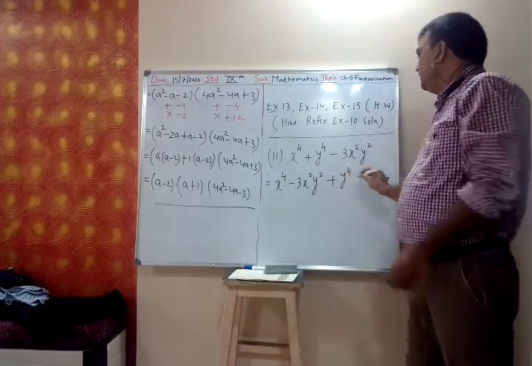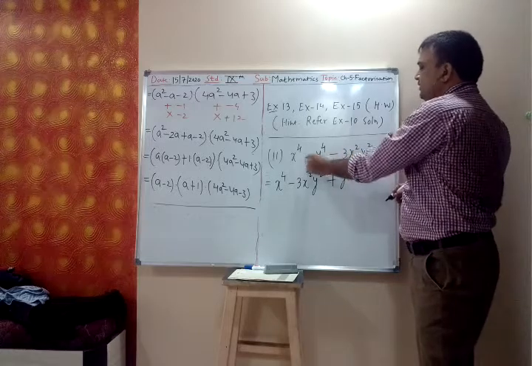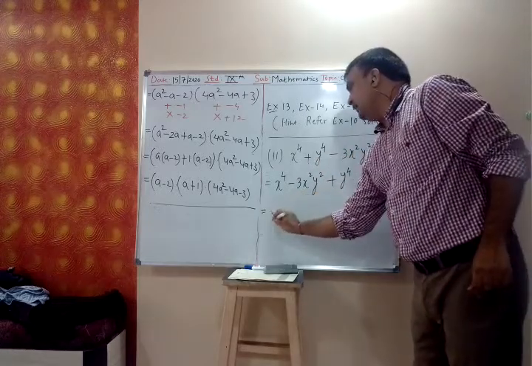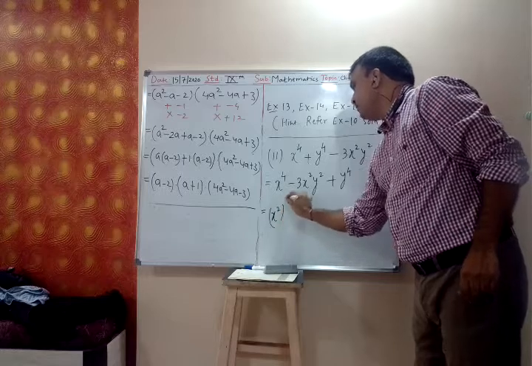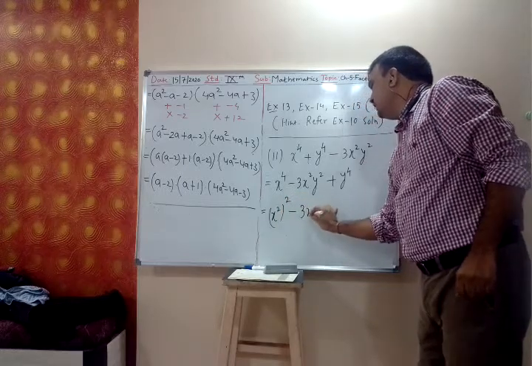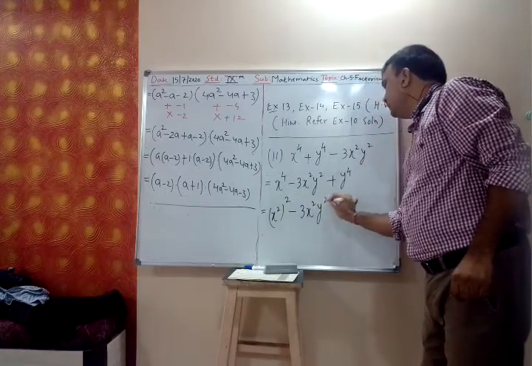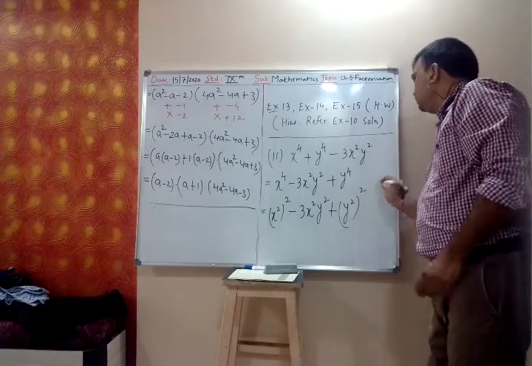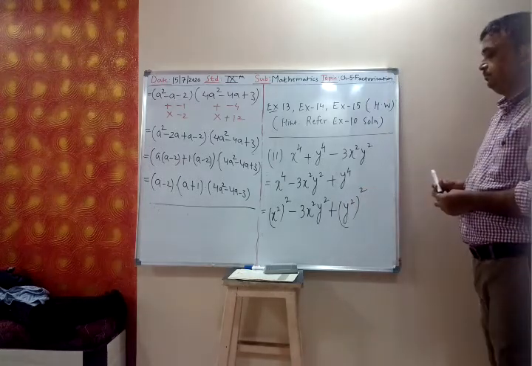We are just rewriting. Now x raised to 4 I can write as x square whole square, minus 3x square y square, plus y raised to 4 I can write as y square whole square.